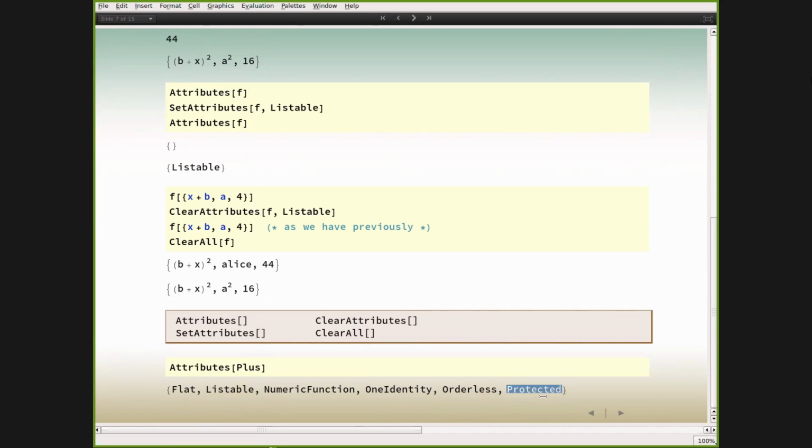Protected means that you cannot change its definition, but since you are able to change the attributes of functions, you can unprotect the Plus function, then say there is a special case that Plus with 2 arguments, 2 and 2, is equal to 5.